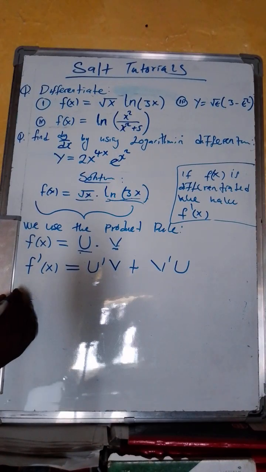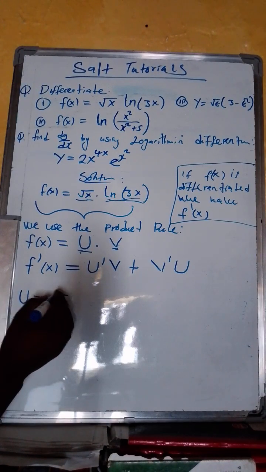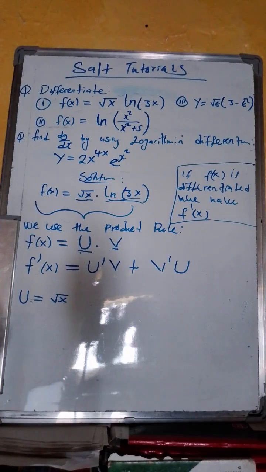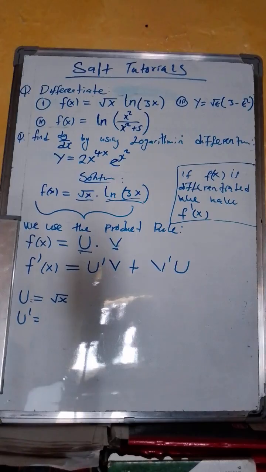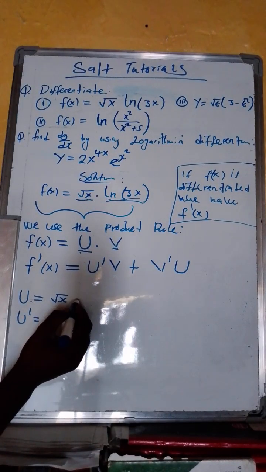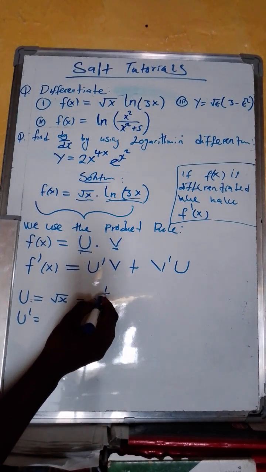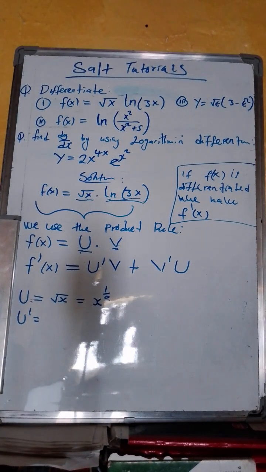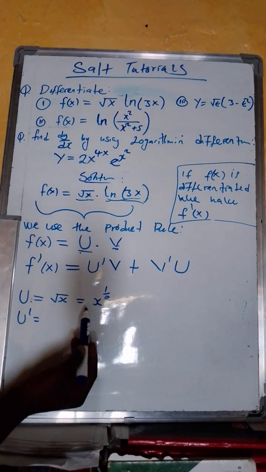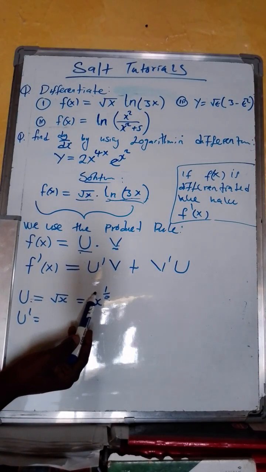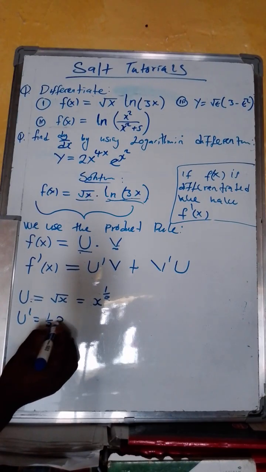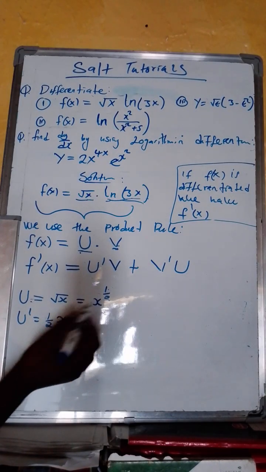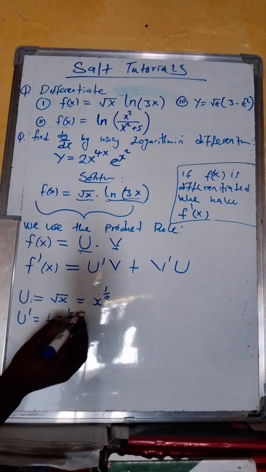We have u equal to the root of x. To find u prime, I have to differentiate this. Take note that the root of x can still be written as x to the power 1 over 2. The power rule states that the power drops down, so I have 1 over 2 times x raised to the power 1 over 2, but the power decreases by 1, minus 1.